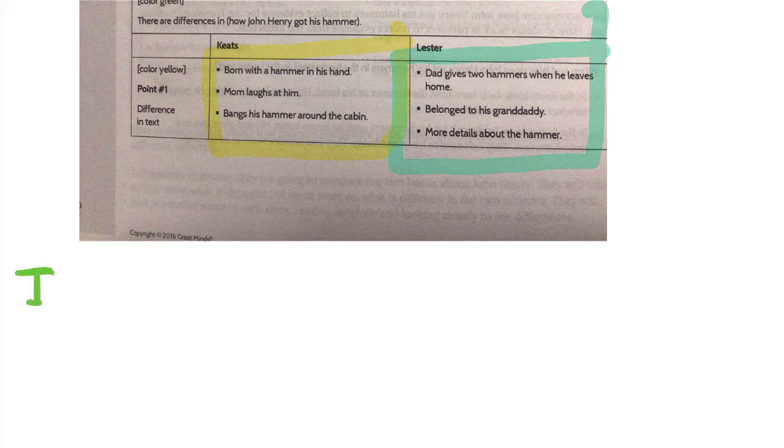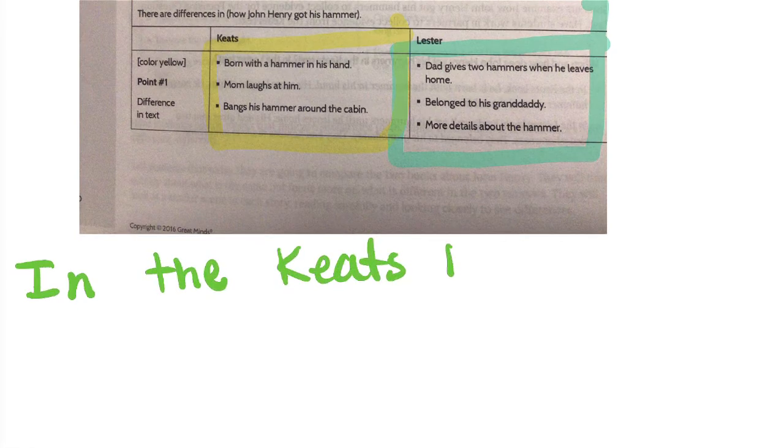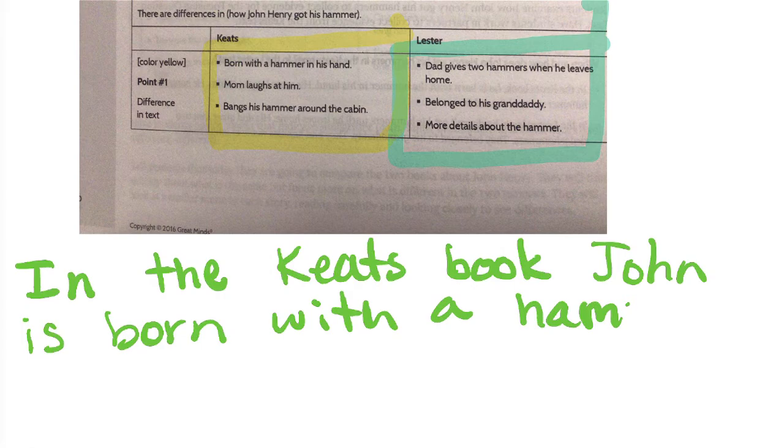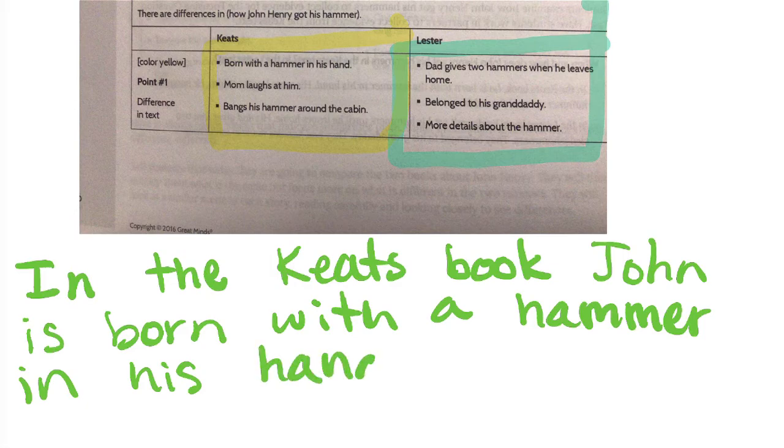So we write in the Keats book, John is born with a hammer in his hand, comma, then we need a conjunction.